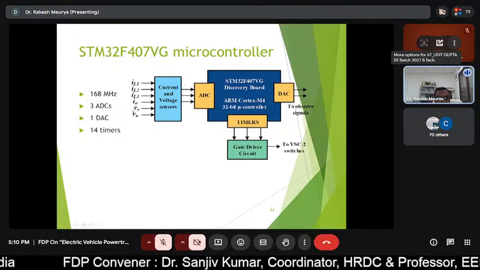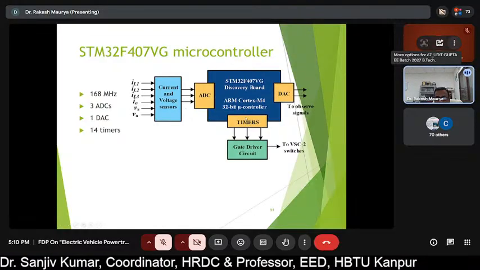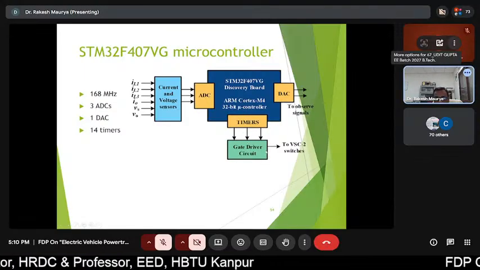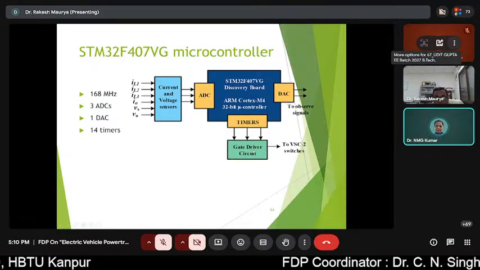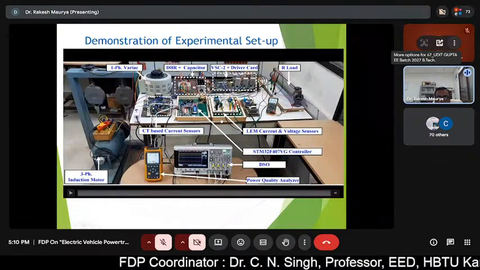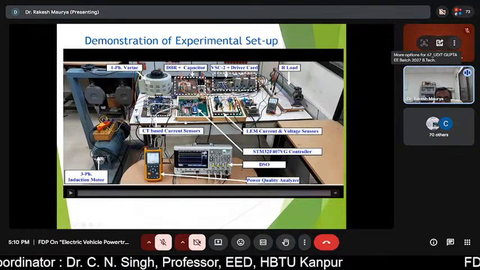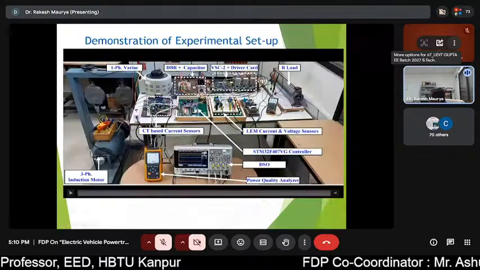All the sensor voltage outputs go to the ADC, and timers are configured to generate the pulses for the gate drive circuit. Is it inbuilt, sir? No, since we are working in the laboratory, they are purchased, and you can use them individually.